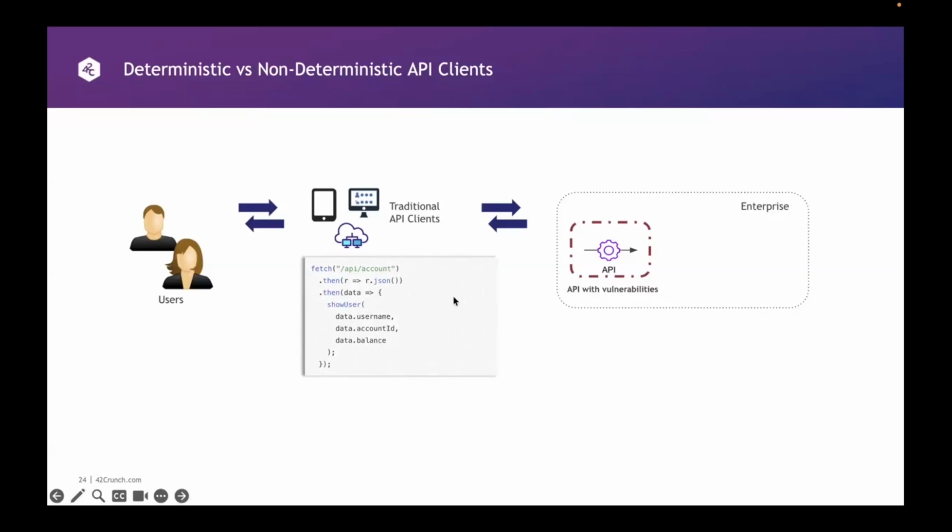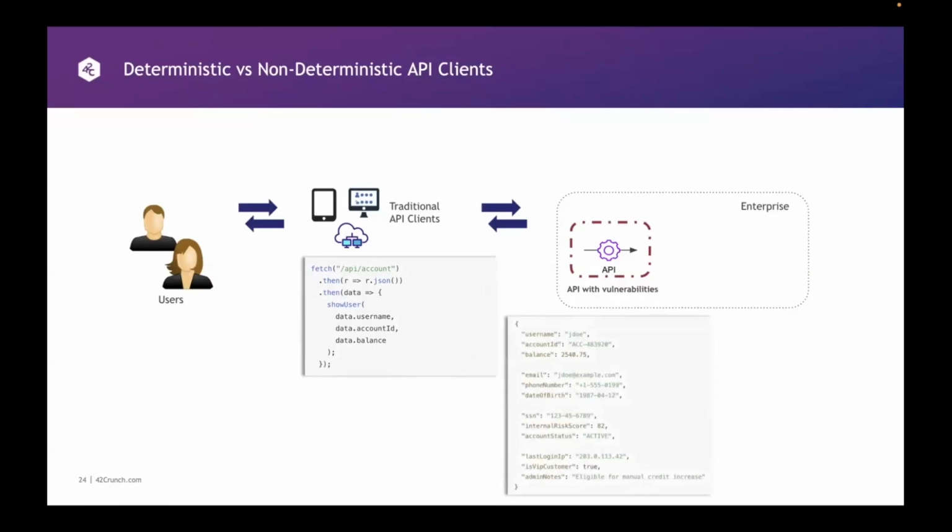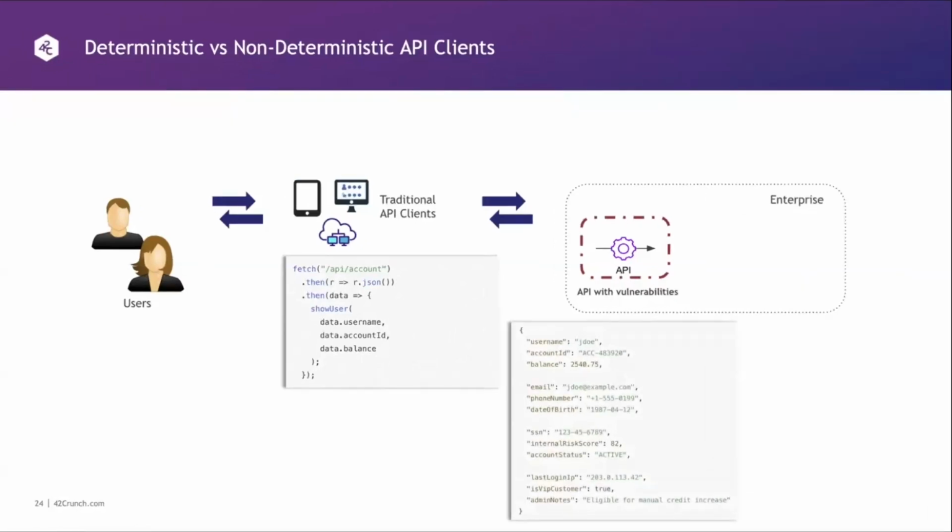So if your API suddenly starts leaking a ton of extra information, and we've seen so many cases of this, maybe from a regression or a configuration change, the traditional client app is not going to pick up on all that extra information because it's just programmed to use the data that it's expecting.